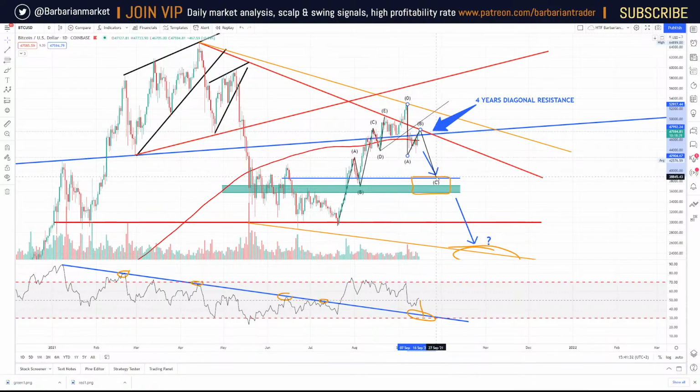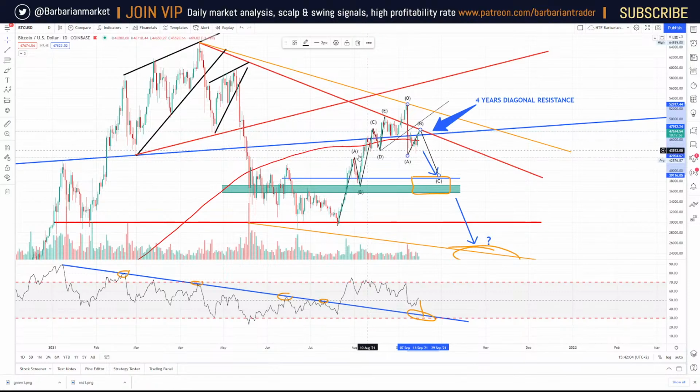So maybe not quite. In this next support area, okay, that I marked with a blue line and green channel, in case of a fast move, I think it will be a good area to have a look. It's like, let's say 35, 36,000 up to 39,000, maybe even 40, because it is very possible for them to go and do some stop loss hunt. All right. Because you see all those bottoms here.